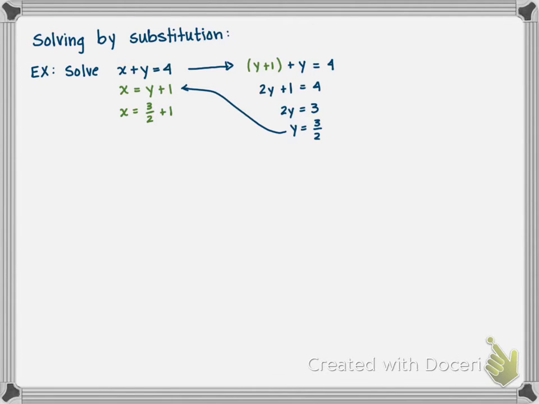Yeah, so the only thing being distributed here is a 1. And so that just drops my parentheses, essentially. And so adding gives me 5/2. So my solution is 5/2, 3/2.